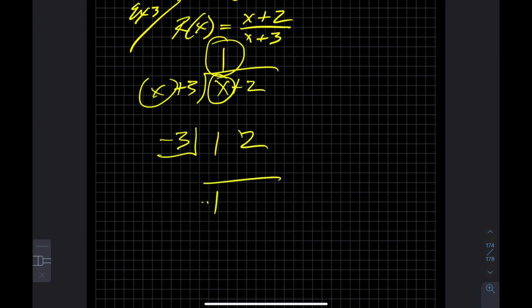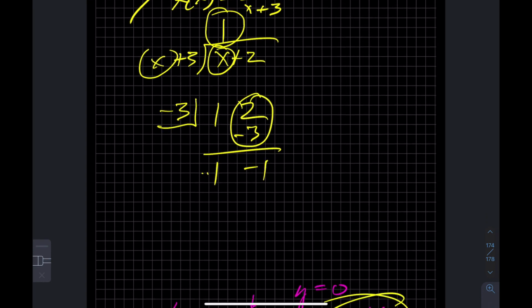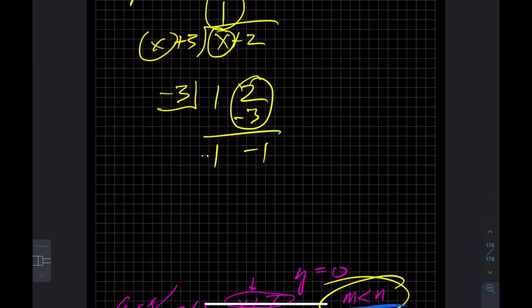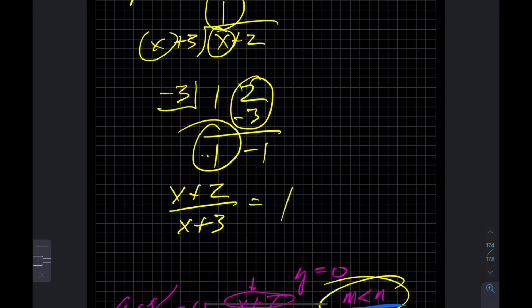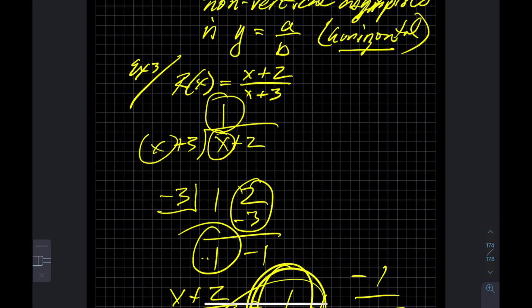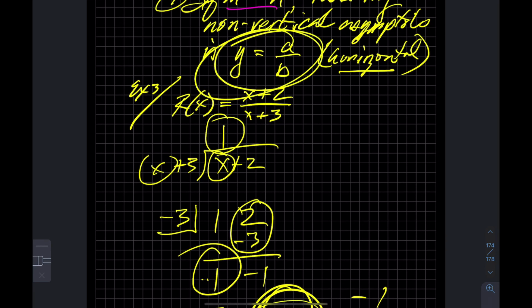Negative 3 times 1 is negative 3. My remainder ends up being negative 1. So if I look at the division algorithm, x plus 2 over x plus 3 is equal to, that's my quotient, 1, plus my remainder of negative 1 over x plus 3. That's my quotient, which, by the way, was my asymptote. It's the horizontal one, y equals 1.